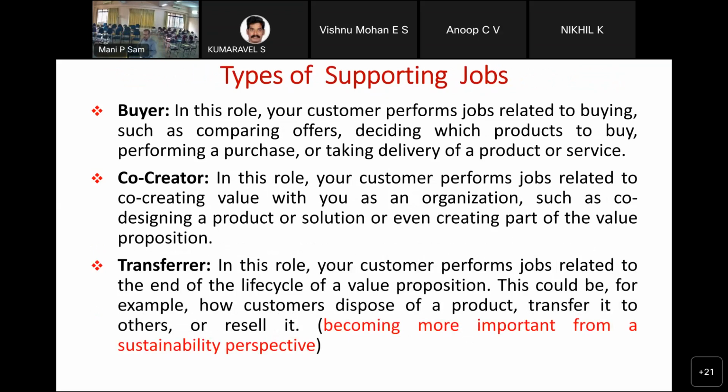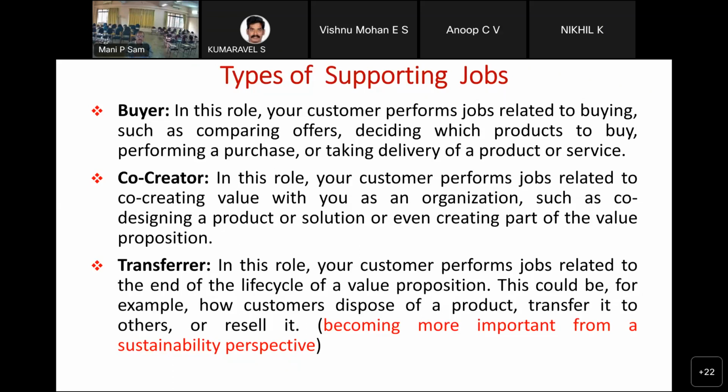The buyer is the customer who has to really go through the process of identifying the item, tagging the item, placing the order, all those things. That convenience also matters in making a decision. And many a time the customer would like to be a co-creator.